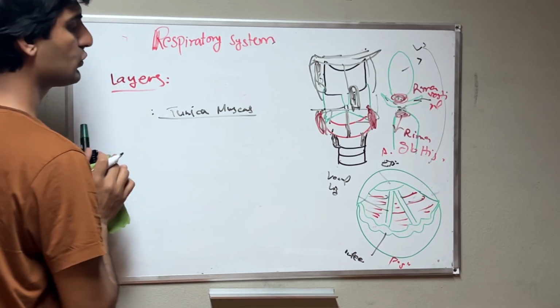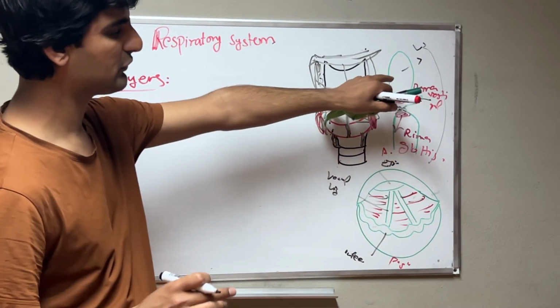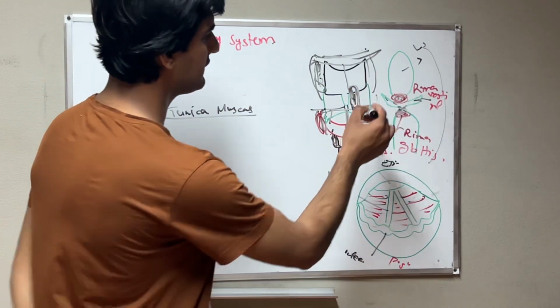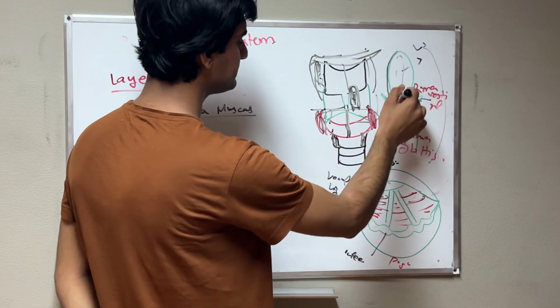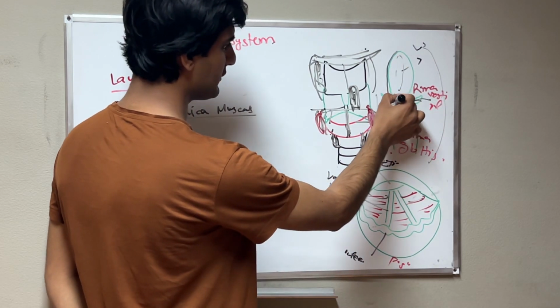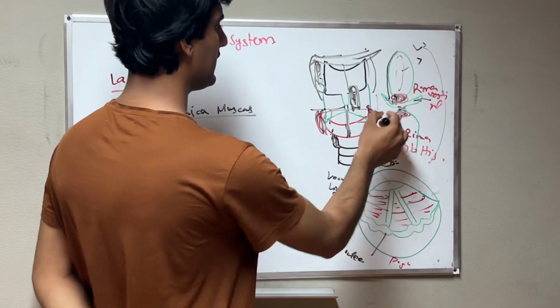Mucosa. Okay, tunica mucosa. If you talk about the tunica mucosa, then we need to view from the internal view. Here, this is the tunica mucosa from the internal view. Okay, here if you remember, we have vestibular fold and vocal folds.